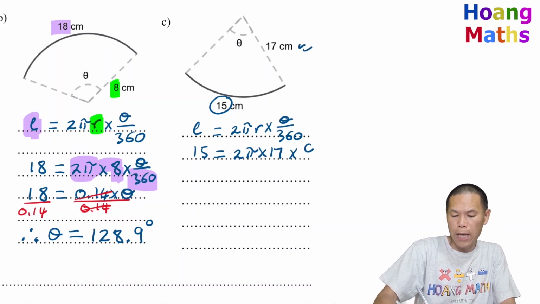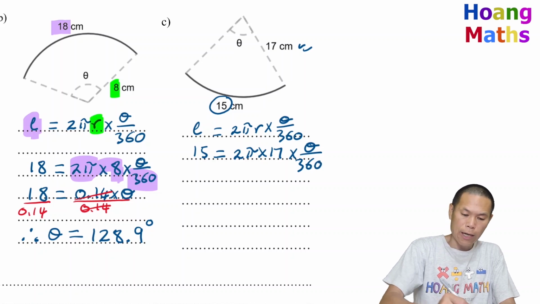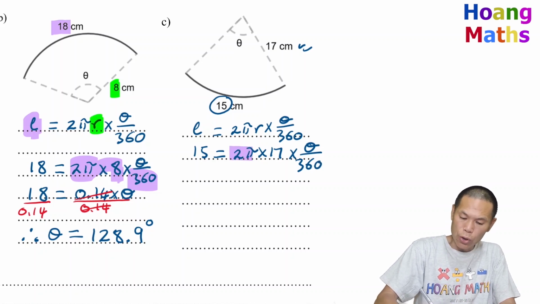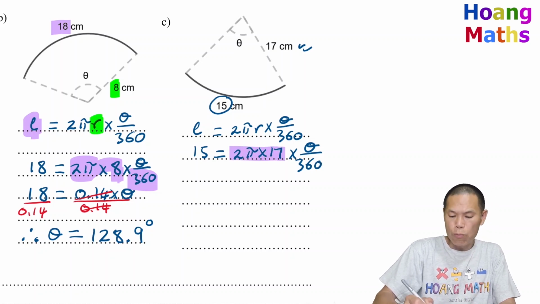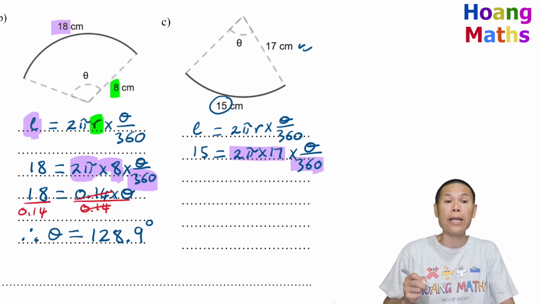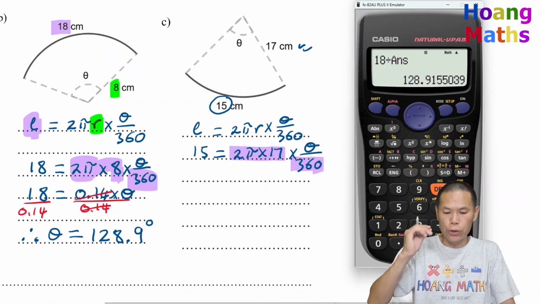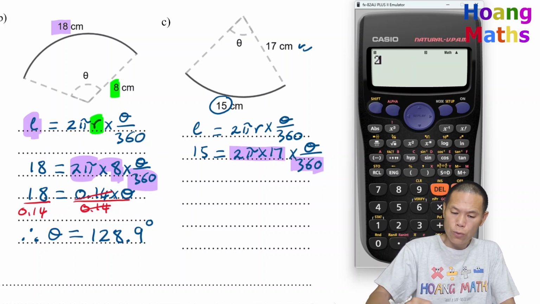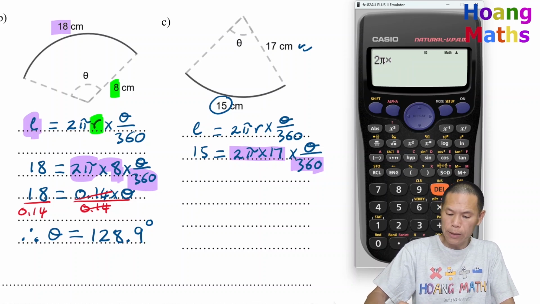And we times by angle theta out of 360 degrees. And what I do, I just put on a calculator. It's 2 pi times 17 and we divide by 360 degrees. So I just go 2 pi times 17 divided by 360.